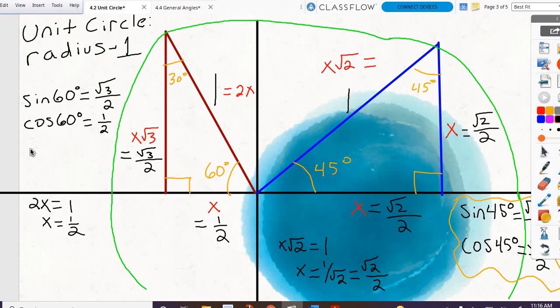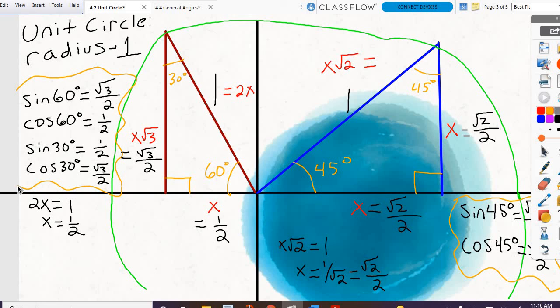Be careful when we're doing our sine of 30. We're going to use that top angle instead. So what would our opposite be? 1/2. And then what would our adjacent be? The square root of 3 over 2. So that's why our 30 and 60 are just flipped, because they come from the same triangle.